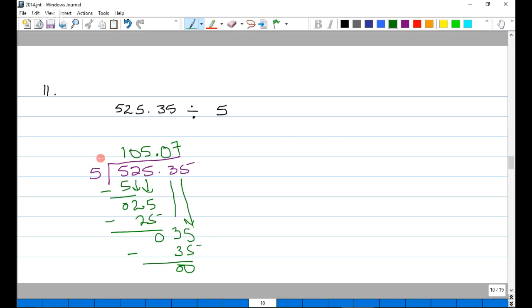So let's use reversed operation now and check this. 105.07. And we're going to multiply this by 5. 7 5s is 35. Carry 3. 5 times 0 is 0, bring down 3. 5 5s is 25. Write 5, carry 2. 5 times 0 is 0.